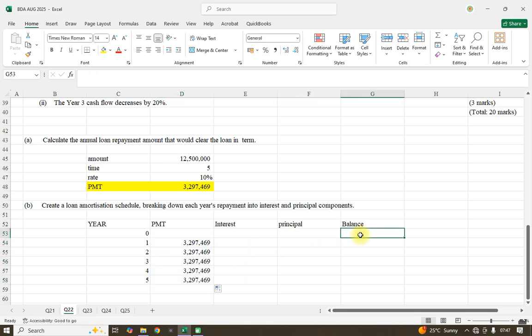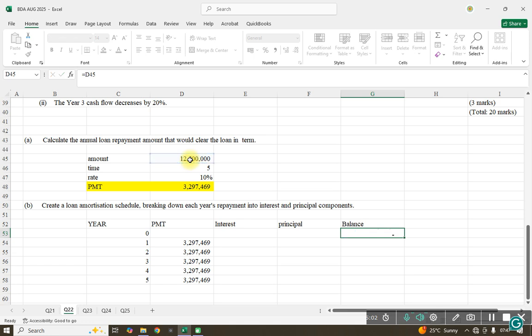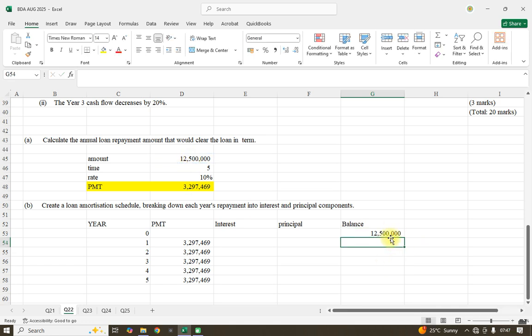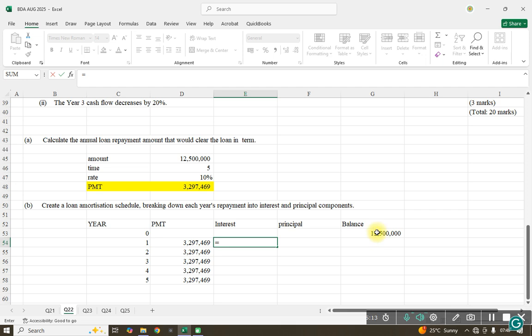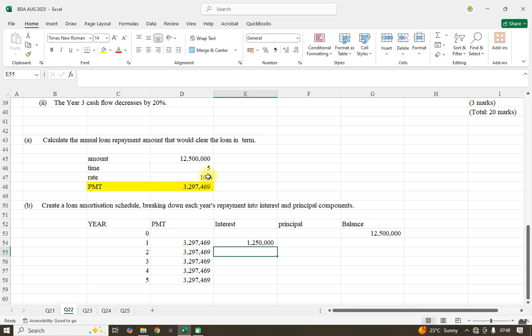Then the running balance at the beginning, we are starting with 12.5 million. This is what we shall be paying the interest on. The interest will be pegged on this, so that here our interest will be this multiplied by the rate. The rate is constant for the interest, so we shall only lock the rate.